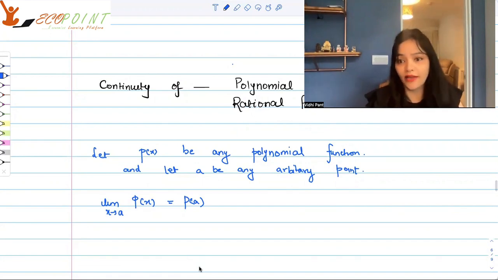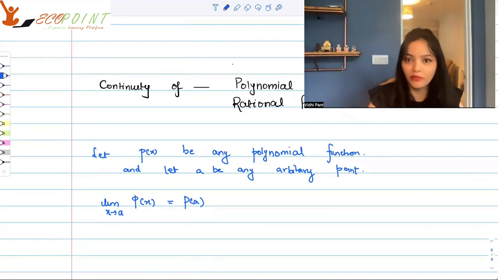And so are the rational functions, because rational functions are nothing but the quotient form of polynomial functions. When you divide one polynomial function by another, it's a rational function. The only problem there will be the fourth property that we've just seen. You will have a discontinuity the moment your denominator becomes 0, or the limit of that denominator becomes 0.